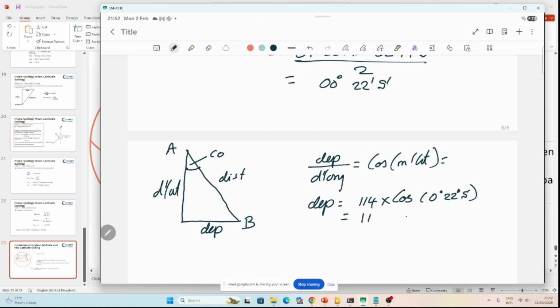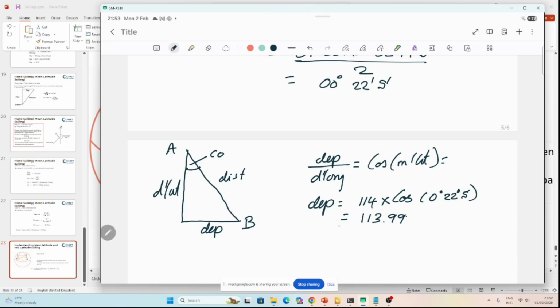Departure is 113 decimal 99. Got it? Yes, sir. Okay. Now you can see it is very close to D long.